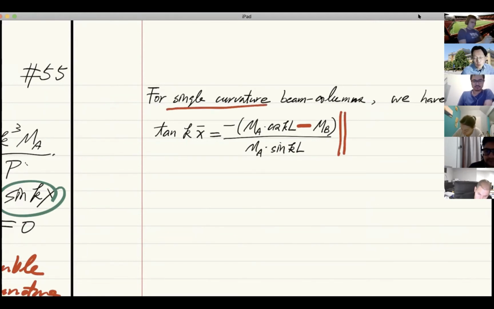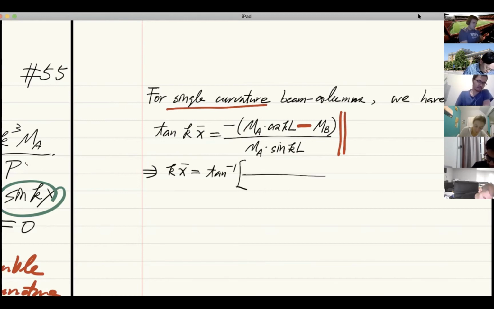Now, again, how do we find out the location of the maximum moment? Exactly the same thing. You have this, you plug in the value of MA and MB, but this time, when you calculate arctangent, you will have to use this expression. So that's why you have to be careful. That means Kx bar is arctangent of the whole thing.